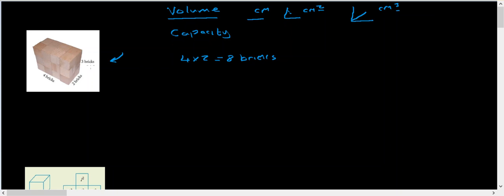And it's 3 layers high: 1, 2, 3. So we have 3 layers of 8 bricks. Therefore in total we have 4 by 2 multiplied by 3, which is equal to 24 bricks.